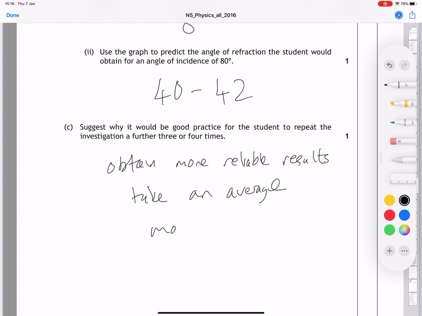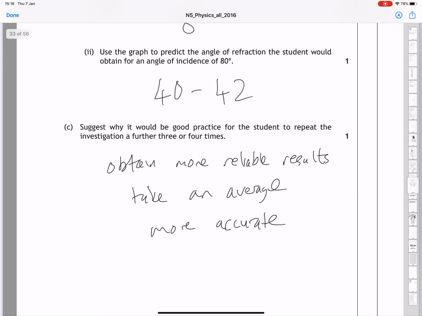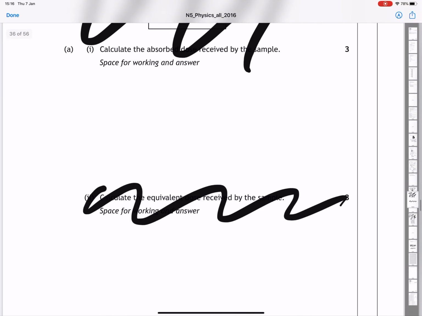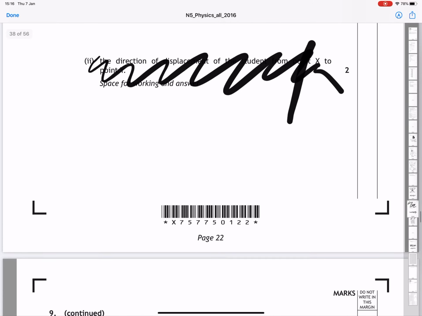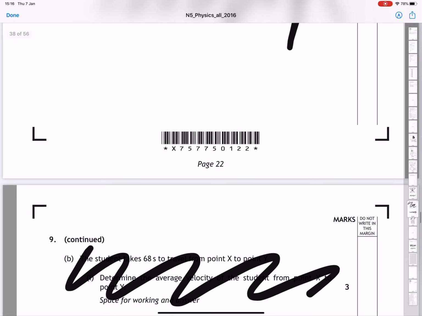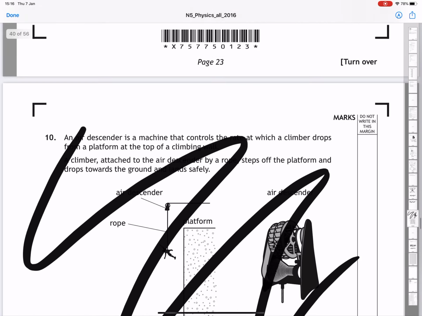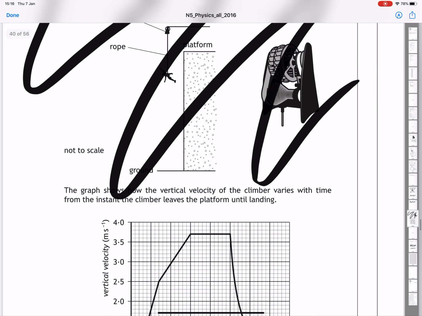It's more accurate to do it that way and take an average. Something along those lines to get your 1 mark. Number 7 you couldn't do. 8 you couldn't do. 9 you couldn't do. And 10.